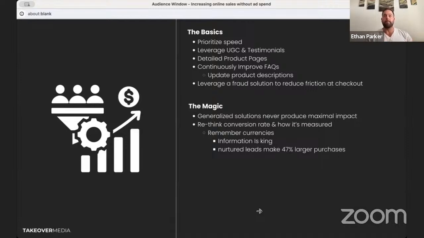So we want to remember that currency is king, and information is the king of currency. And then you have dollars. People give us their information first, and then they convert later. It's different for every brand, but typically it's somewhere between 14 to upwards of maybe 24, 25 days from information to purchase is usually what we see.